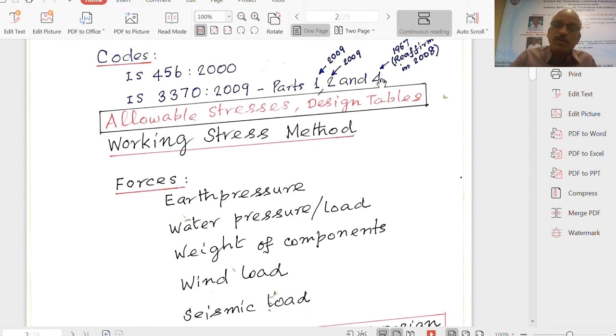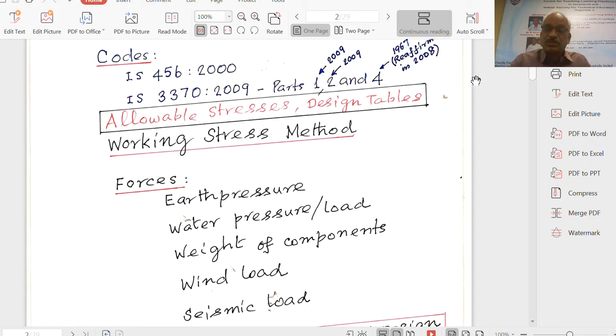And part 4 gives the design tables for all shapes of tanks, so that based on what parameters we have to select the coefficients from the tables, and how to design based on the code book.